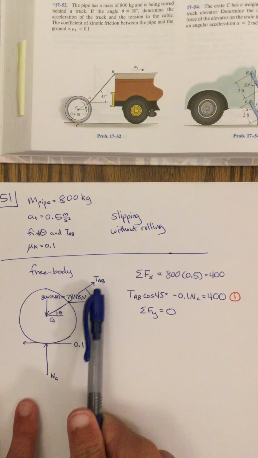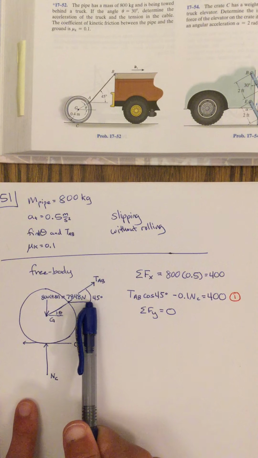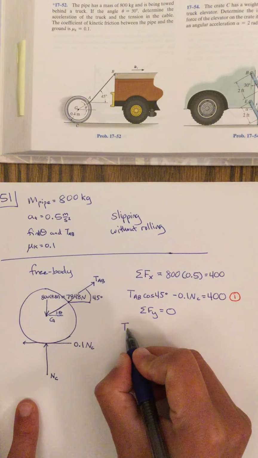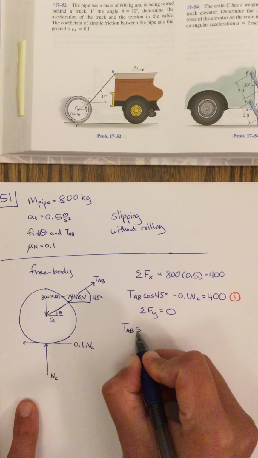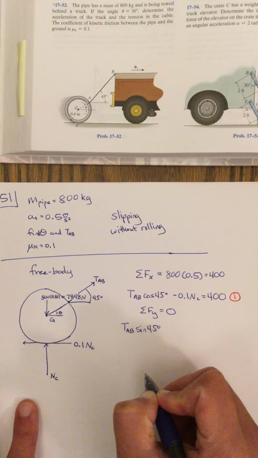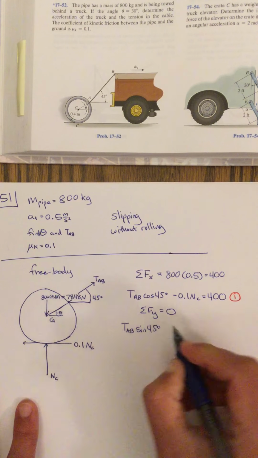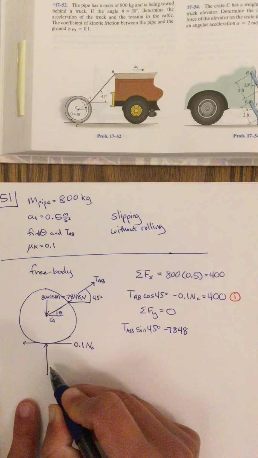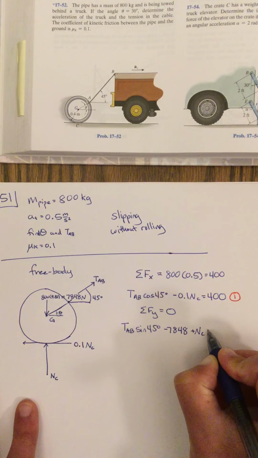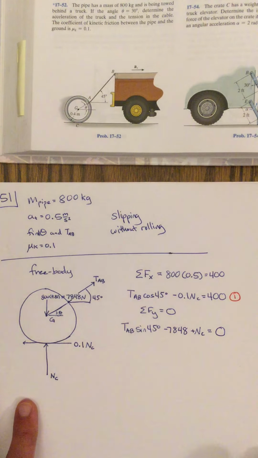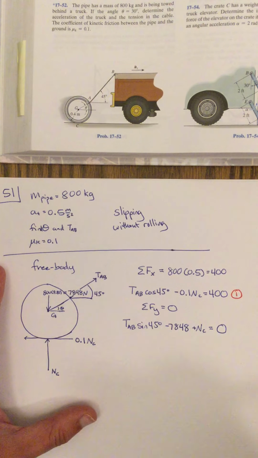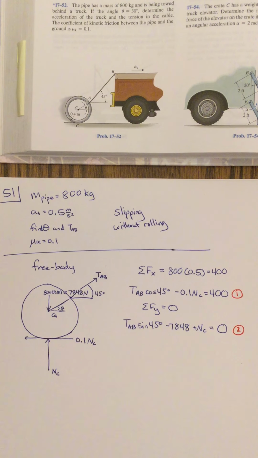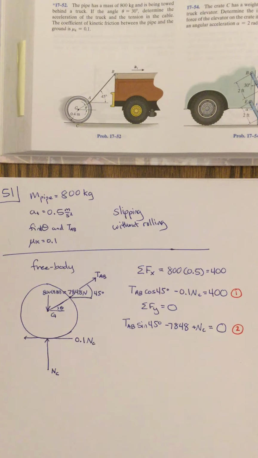And in the y direction, I have the sine component of tension, but since cosine of 45 degrees is equal to sine of 45 degrees, it doesn't matter whether I say sine or cosine, so this is TAB sine of 45 degrees minus 7,848 for the force of gravity, which is acting downward, plus NC, which is acting upwards. That's equal to 0. And we can call this equation 2. Between equation 1 and equation 2, I have two unknowns, so I can find both of those.